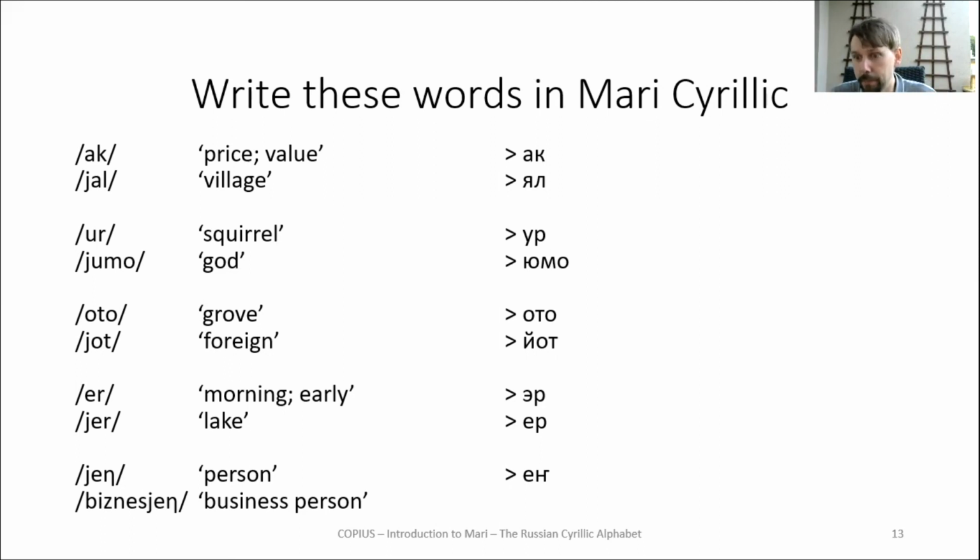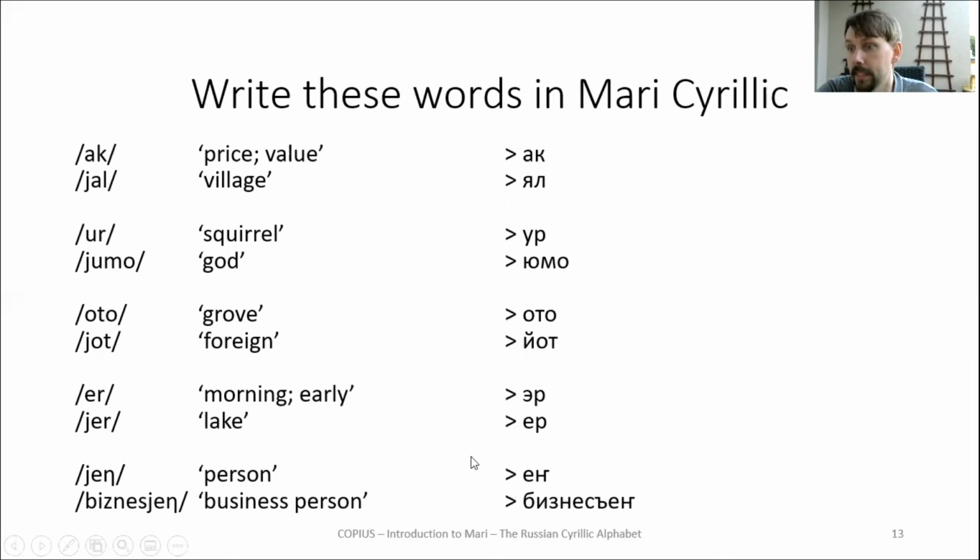As a novice, one might be tempted to write this as b-i-z-n-a-s-e. But you have to pay attention. You need the hard sign here, because remember that after consonants, we always use the letter e for a. So if you didn't have the hard sign, you would have no way of knowing that this would not be business eng.